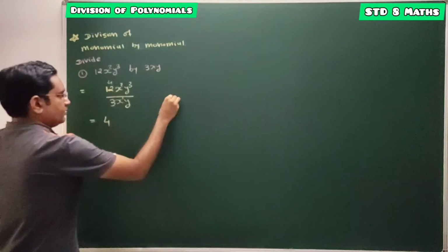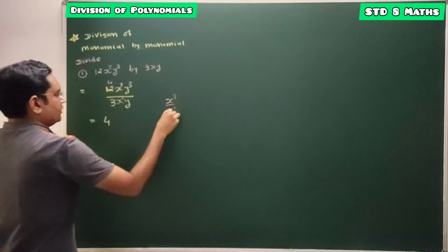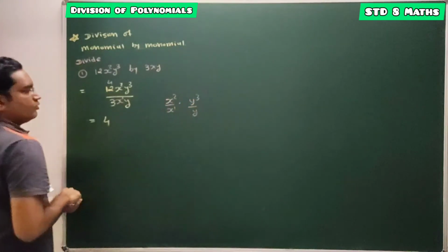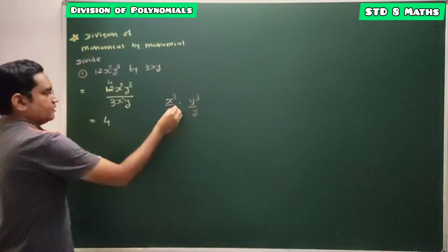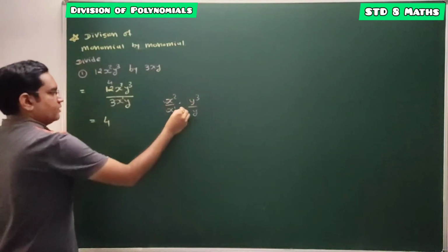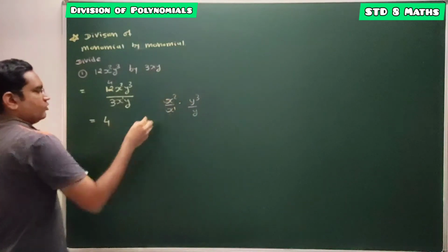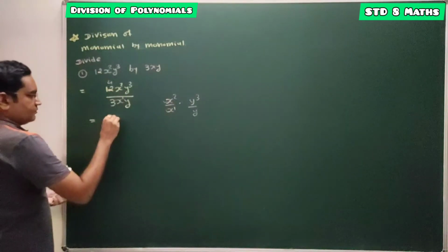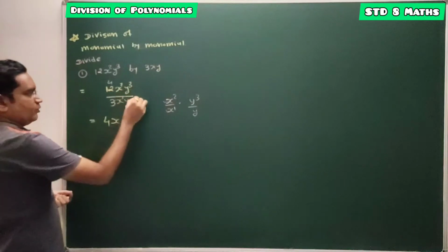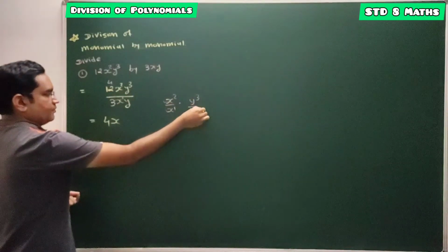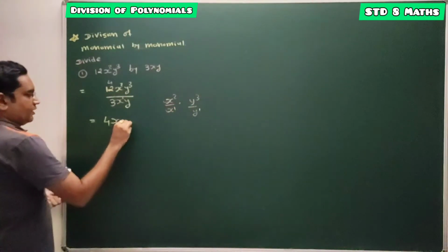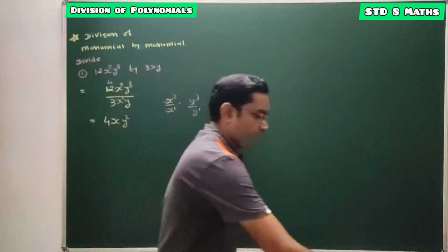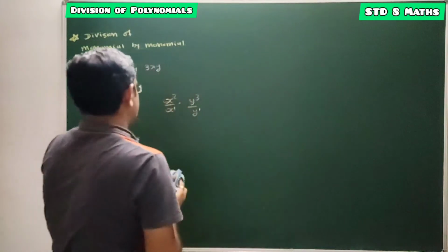It's x square upon x raised to 1, and y cube upon y. Two power forms are in division. Here their bases are equal, so you can perform the subtraction of that power. So x square upon x will be x, and y cube upon y is y raised to 3 minus 1, so y square. Done. This is the division of monomial with monomial.